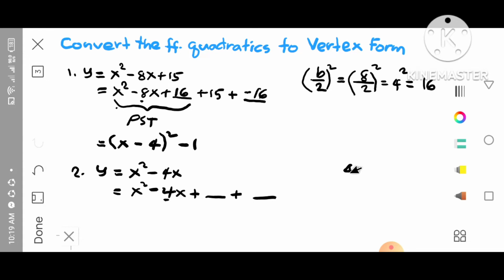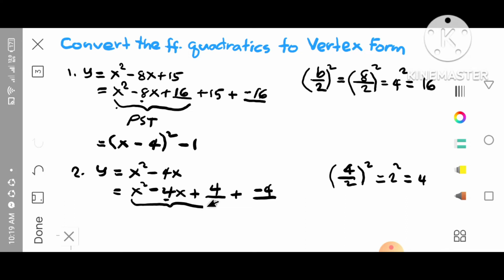Now our b is equal to 4. So 4 over 2 squared, okay, is equal to 2 squared or 4, no? Okay. So we add 4 to the first line and then we offset that by subtracting 4 to the other line, okay?